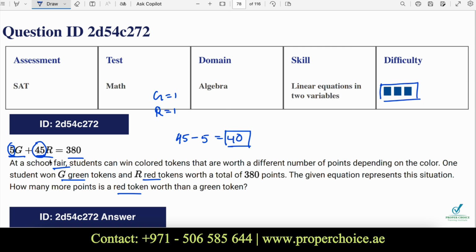I'm not going to prove what values of G and R give me 380. I'm just asked how much more R is than G. You just need to subtract their coefficients.